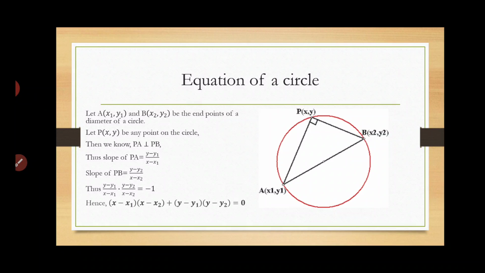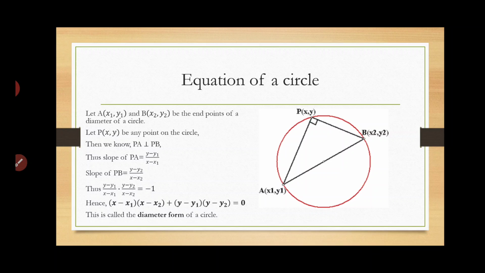So now just doing some side transposing and then cross multiplication and then side transposing, we get (x minus x1) times (x minus x2) plus (y minus y1) times (y minus y2) is 0. So this is called the diameter form or diametric form of a circle.